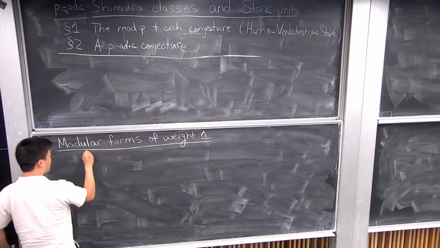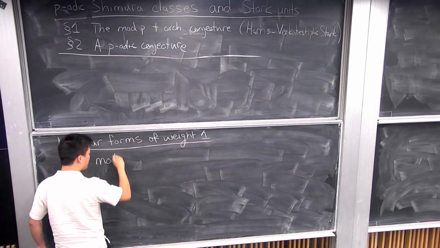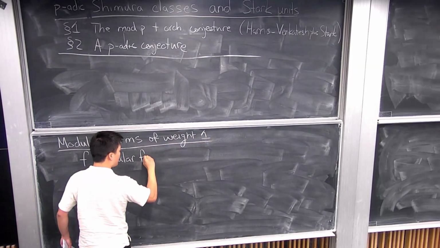So in this setting, let F be a modular form of weight 1.